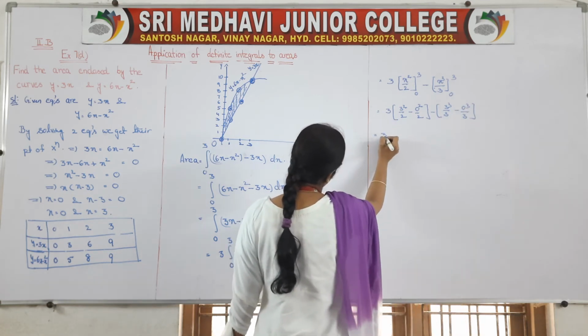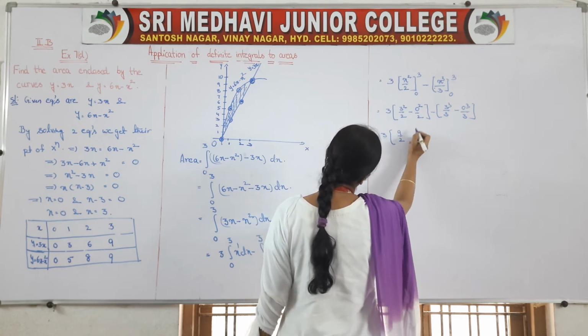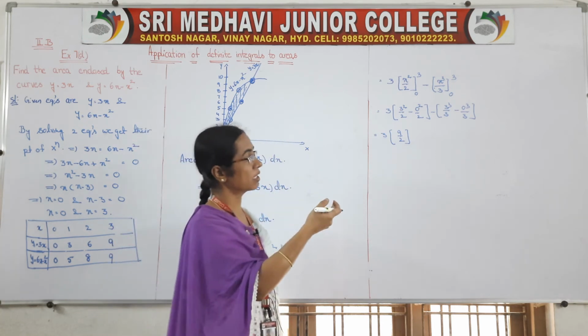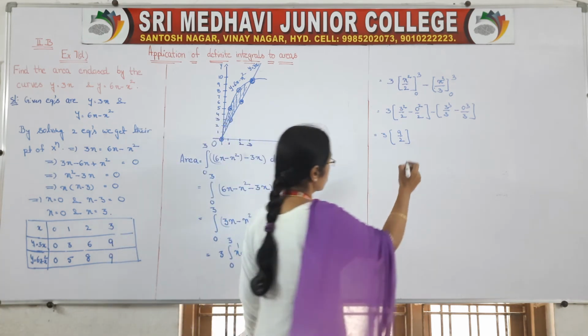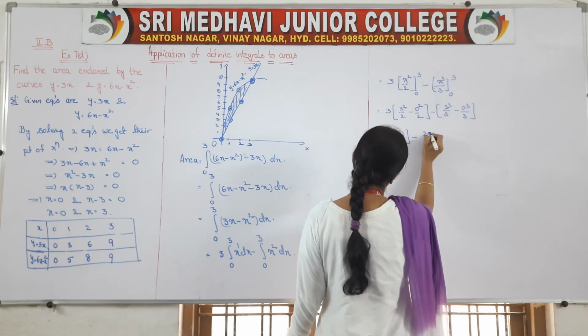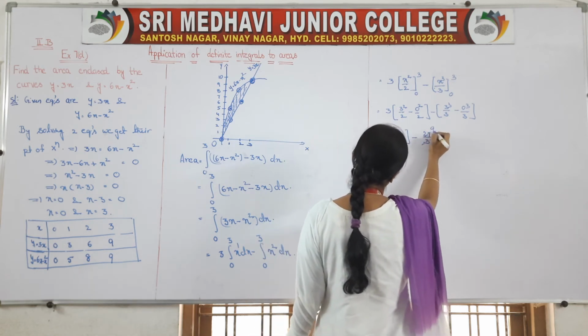Okay, so 3 3s are 9, so 9 by 2 minus 0, no need to take. 0 square is 0, 0 by anything is 0, right? So minus, this is 3 3s are 9, 9 3s are 27 by 3, so it is 9.